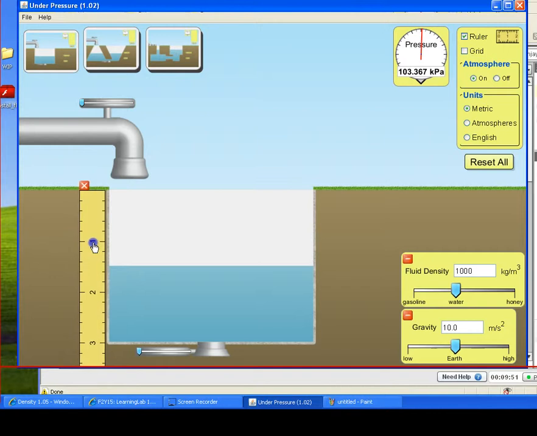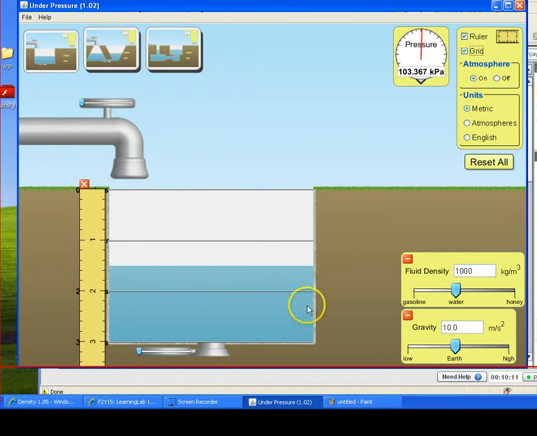Remember that the bottom is 3 meters, and this is 0, 1, 2, 3. If I check grid, then these lines appear, which tell me where is the 0, where's the 1, where's the 2, and so on and so forth.